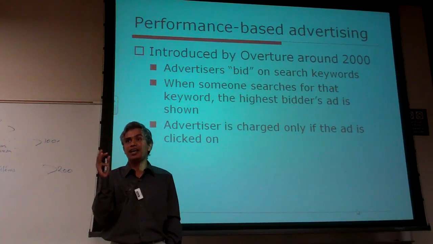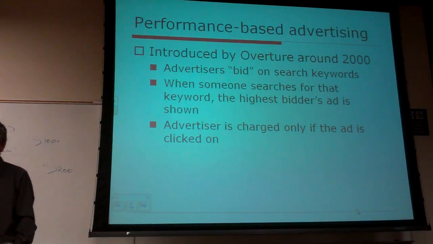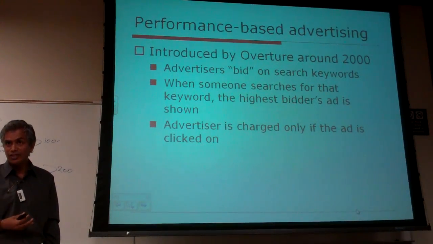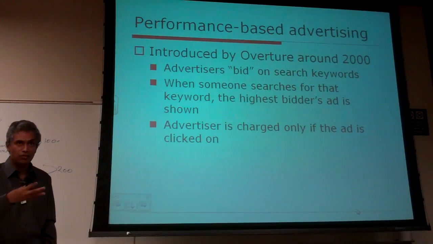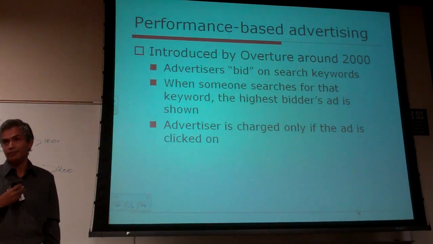They'll say shoes as the keyword. I mean, obviously I'm not one of them, so I don't know how these people work, but if you're doing things like that, shoes, then there are tons and tons of people selling shoes. And Overture would say, you want to go first, Nike? You want to go first as the shoes guy? You pay us like $10 million, we'll put you first. That's what they were doing, okay?